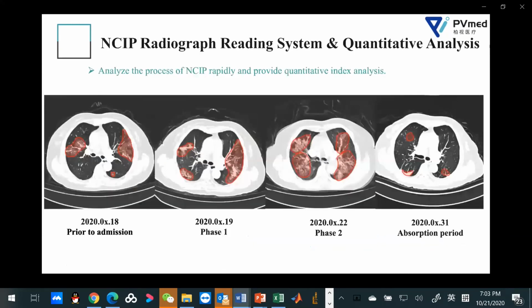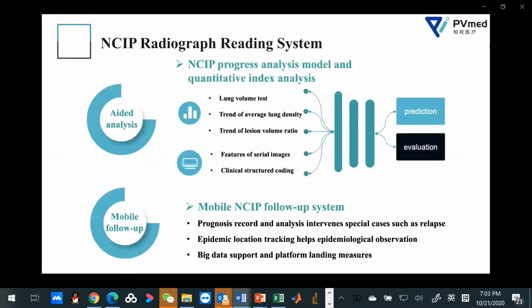Moreover, we also provide rapid progress and quantitative index analysis based on CT images in multiple phases. In summary, our analysis includes lung volume, changes of average lung density, lesion volume ratio, and image features.